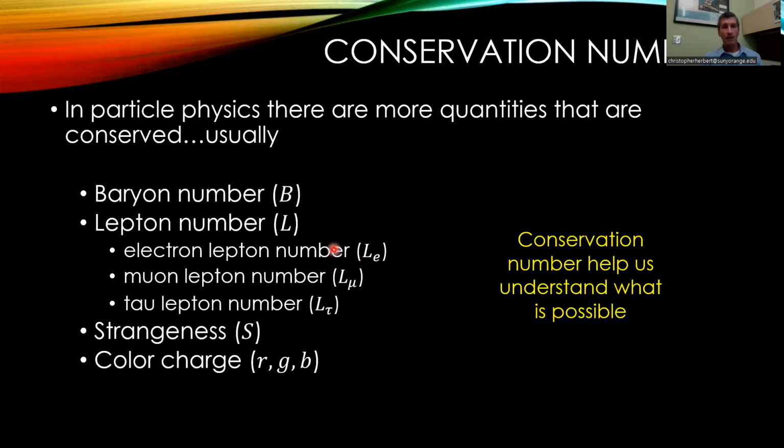In addition to baryon and lepton number, there's also a strangeness number, and this was important at the beginning of the discovery of the quark. And then finally, the quarks have their own type of charge. And this is not electrical charge the way that we think about electrical charge.